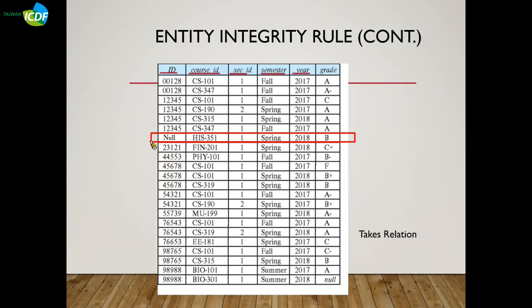In these tuples, we can find the ID attribute, which is a part of the primary key, is null, and the null in the primary key will result in violating the entity integrity rule here. So not only for a single-attribute primary key, but also for composite primary keys, we have to consider whether the values are null to confirm integrity.